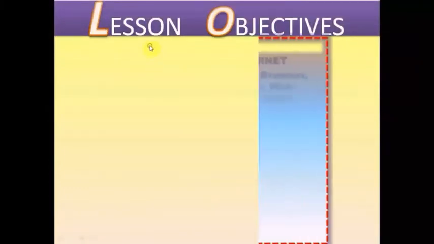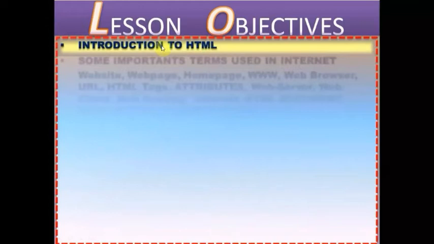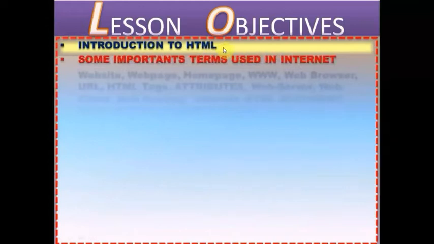But before starting the lesson, you have to know what the lesson objectives are. The very first topic of this lesson is introduction to HTML, and second, some important terms used in internet. It means there are many important terms you have to know before learning the HTML language. Whenever you do not understand the meaning of some terms, you cannot learn or develop the web page properly.